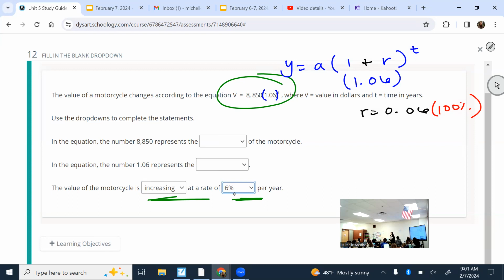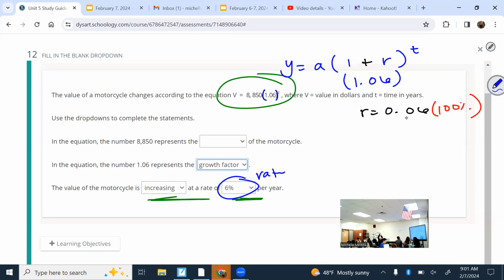No, second. Like I said, the second one, the equation, the number 1.06 represents the blank. So the 1.06 as a whole, growth factor. Okay, growth rate would be the 6%.